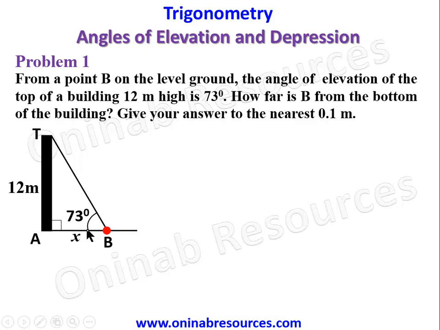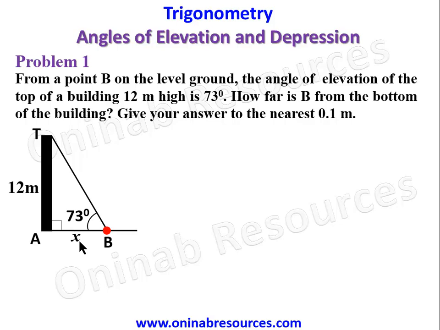So from here, we know an angle, we know the opposite, and we know the adjacent, so we are going to apply the trigonometric ratios of an angle, popularly known as SOHCAHTOA.